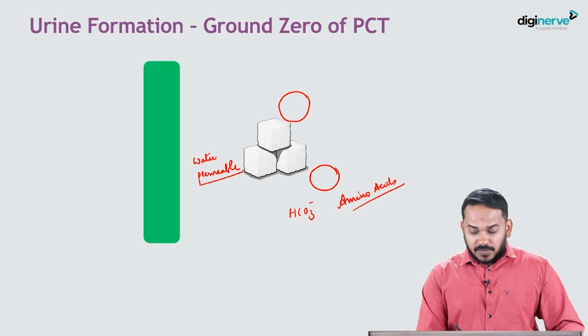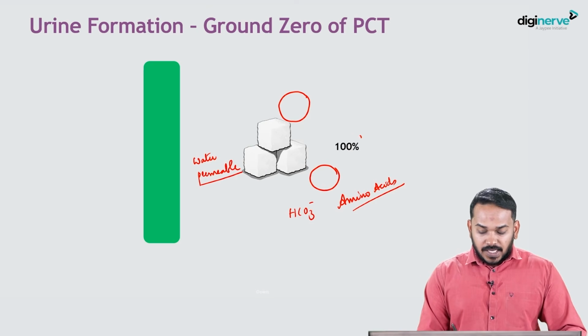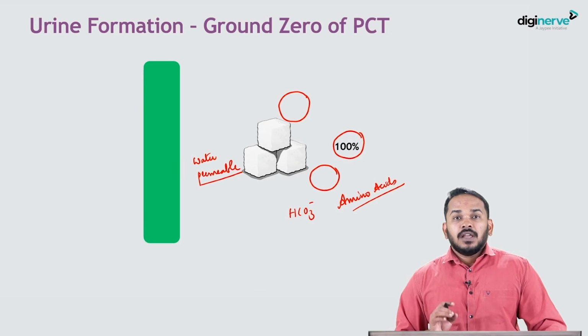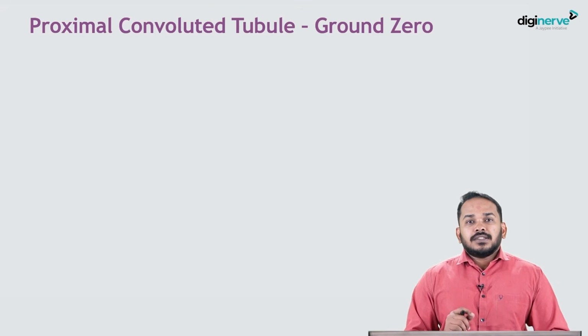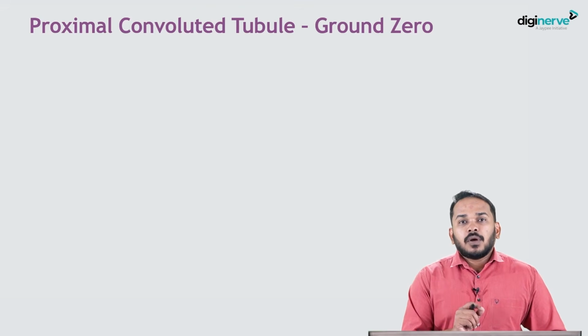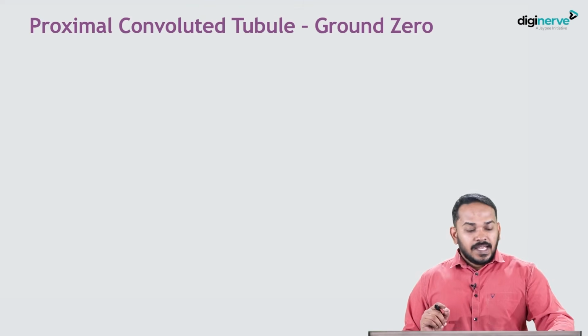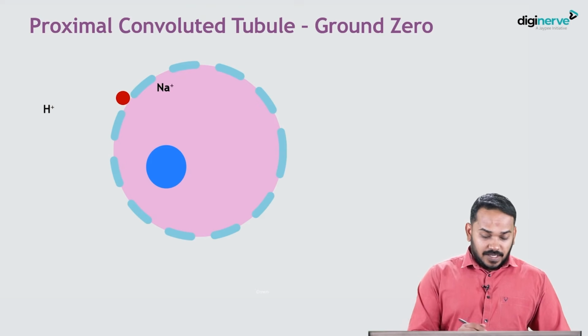It also reabsorbs glucose, and 100% of the glucose reabsorption also takes place here. The proximal convoluted tubular cells contain a sodium hydrogen exchanger, and with this exchanger, sodium is reabsorbed from the ultrafiltrate into the proximal convoluted tubular cell in exchange for H plus ions.